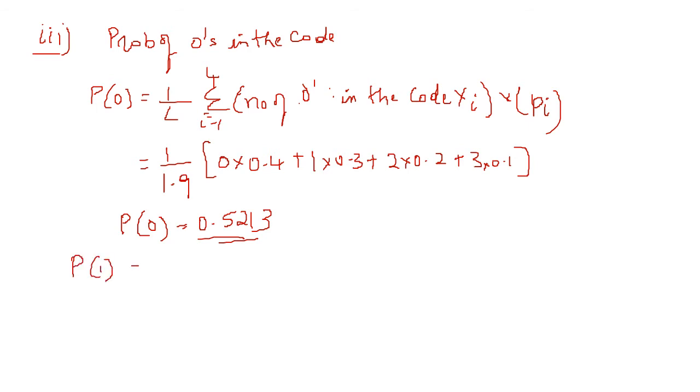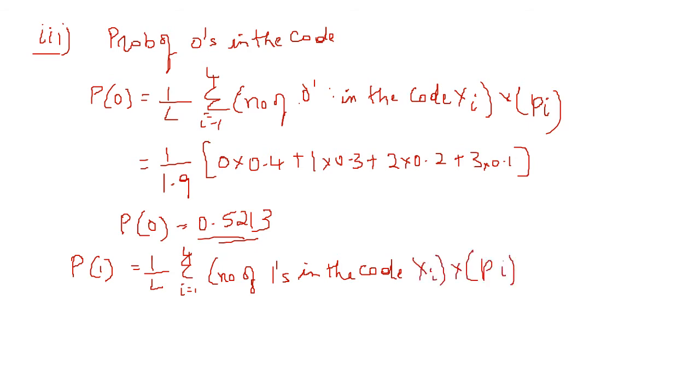Next, the probability of 1 is also given by the formula 1 by L, summation i equal to 1 to 4, number of ones in the code xi into the respective probability of that particular code word. If you substitute, we get 1 by L, which is 1.9, into the number of ones in x4, which is 1.